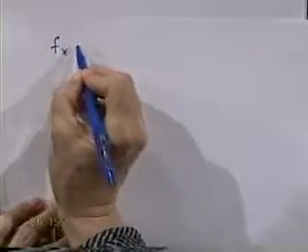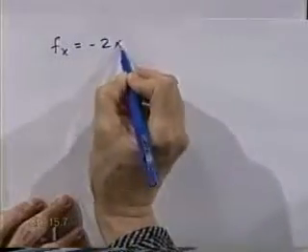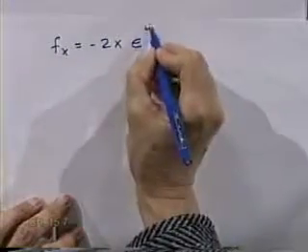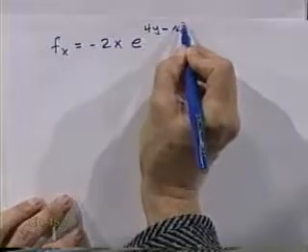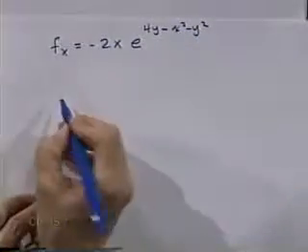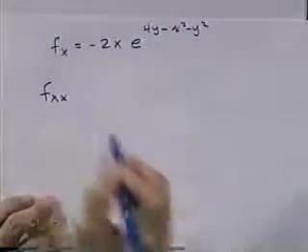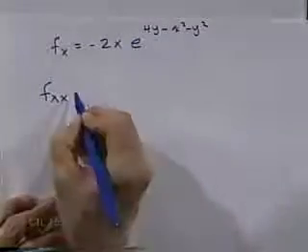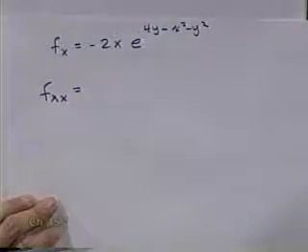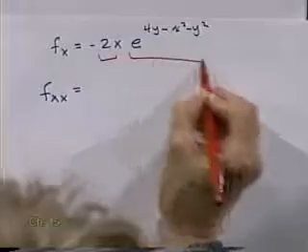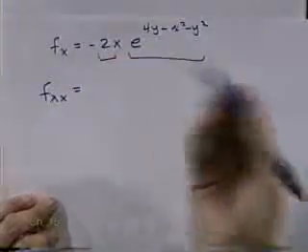Well, so far, we had the partial with respect to x was equal to minus 2x e to the (4y minus x squared minus y squared). So the second partial with respect to x is going to equal... Now, unfortunately, this is a product. So we have to differentiate it.